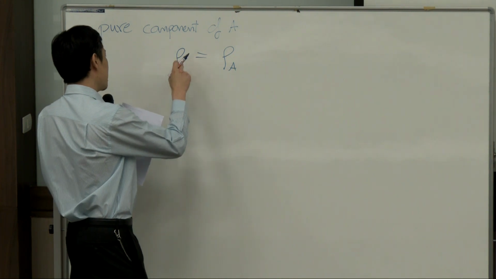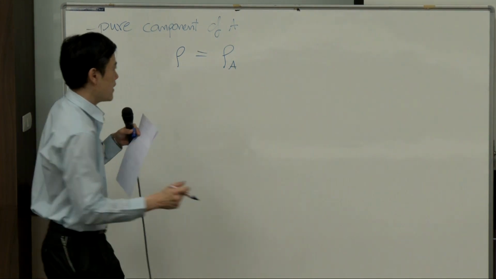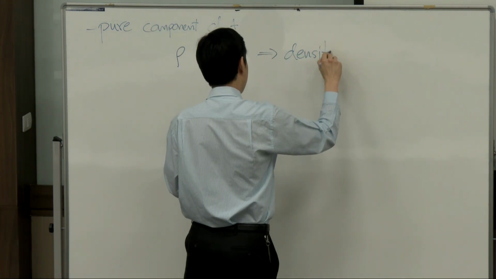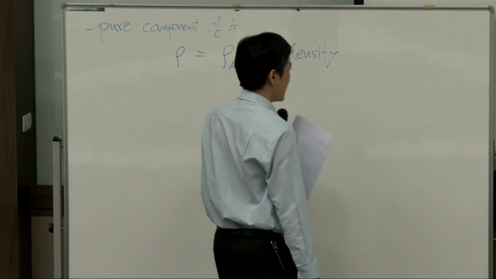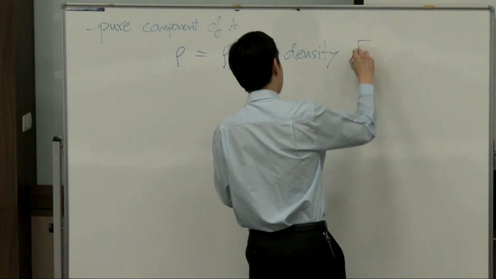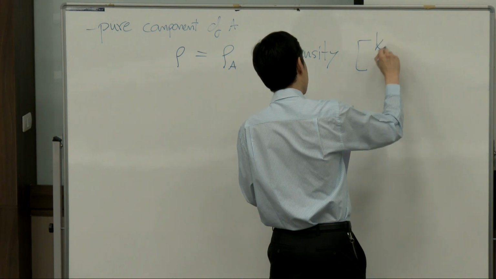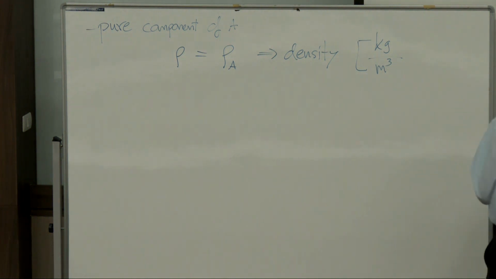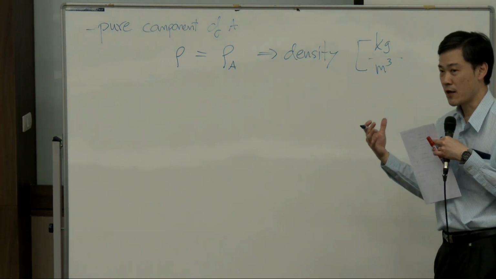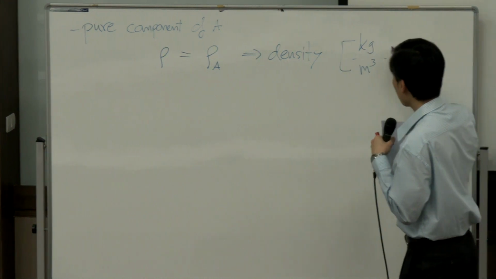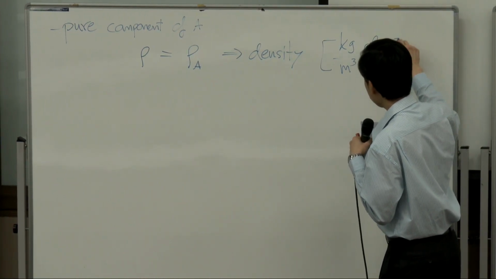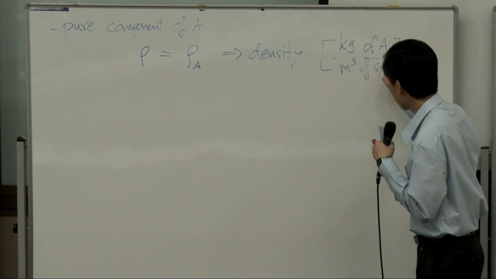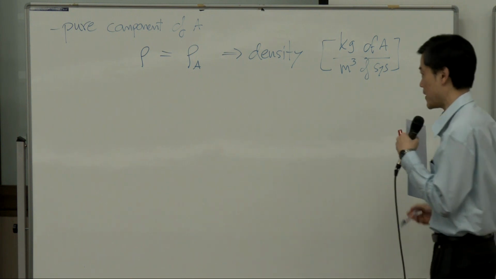This is for the system, and the system contains only A. And we know that for the pure system, this is called density. And you might not realize, or you may, the unit is kilogram per cubic meter. This is obvious. But you have to realize now, when we are in the math session, this kilogram is a kilogram of A per cubic meter of the system. All right?